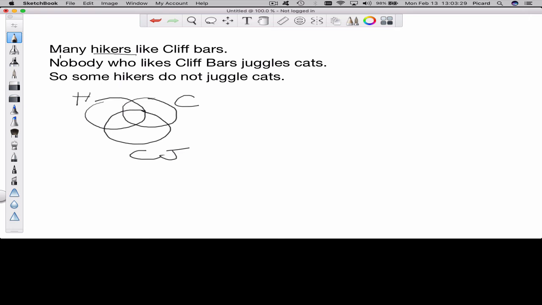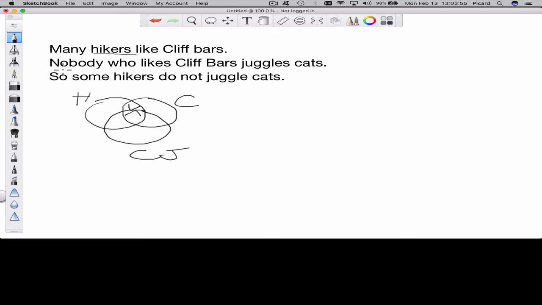So we know that there is something in between those 2 circles. There's something that's both a hiker and a liker. That's either here, a hiker liker here, or it's a hiker liker here that is also a cat juggler. We don't know whether they are or aren't a cat juggler. We just know that they are somebody who likes a Cliff Bar. So each caret represents where it might be.